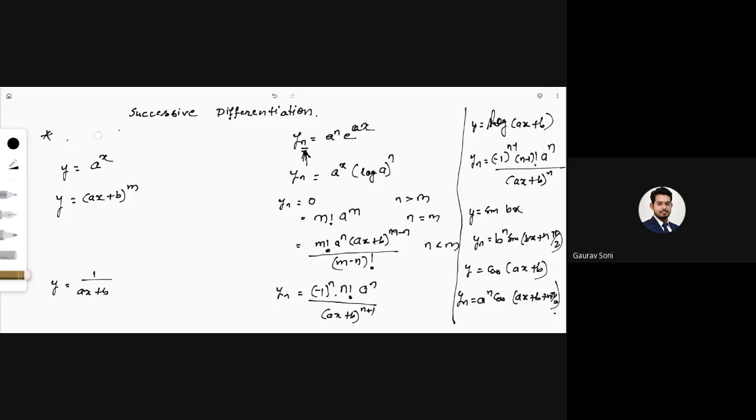Last and a very important one. If you have the combination e to the power ax cos of bx or sine of bx.